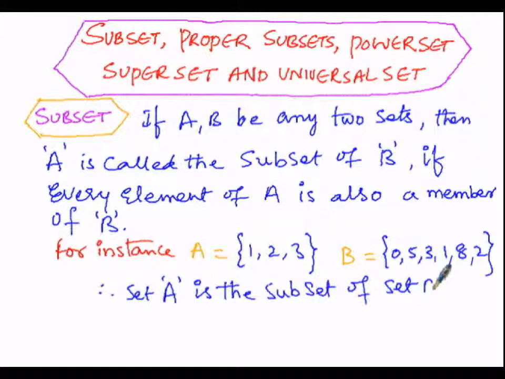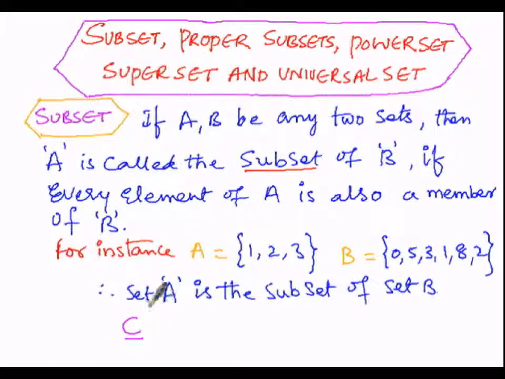set B. Generally the notation of the subset is denoted by a symbol. We can denote it by this symbol as a subset.